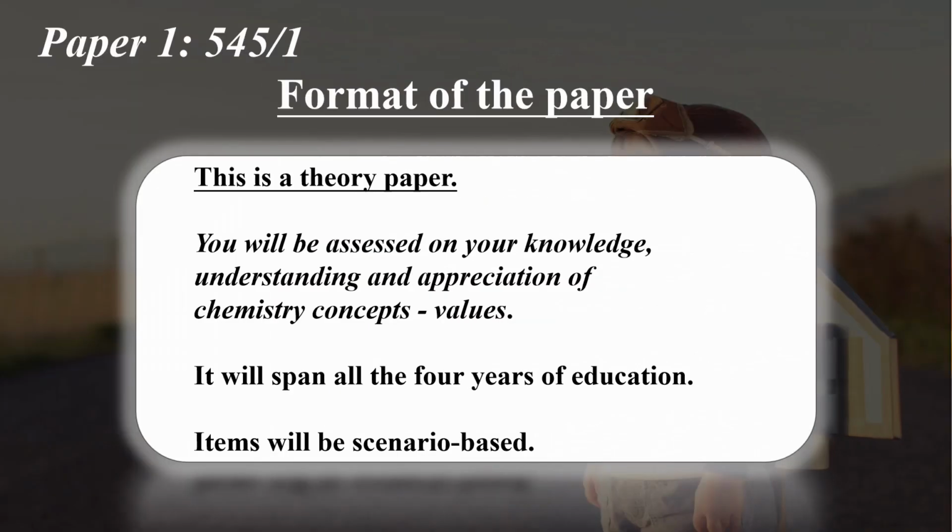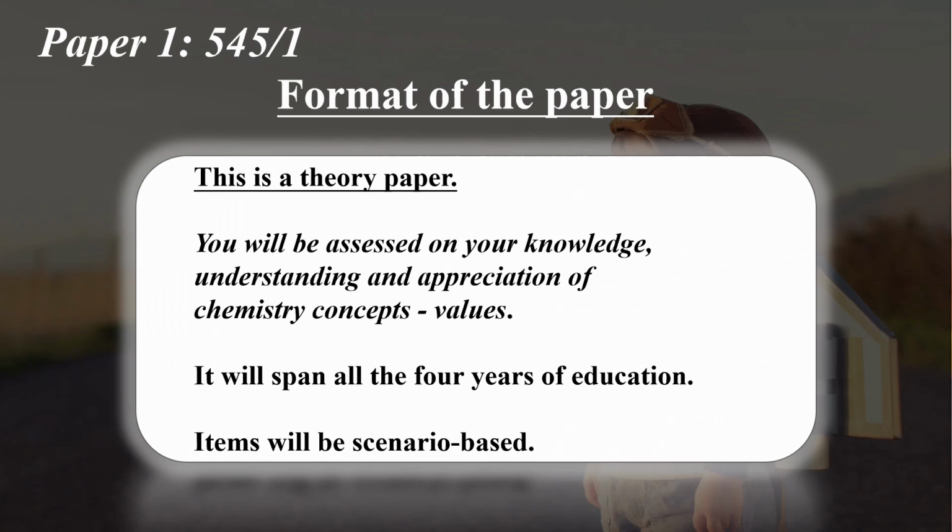Basically in this video, we're going to look at paper 1. The format of this paper is that it will be a theory. It will be assessed on your knowledge, understanding and appreciation of chemistry concepts, and your values will also be assessed in this paper. It will span all the 4 years of your education.